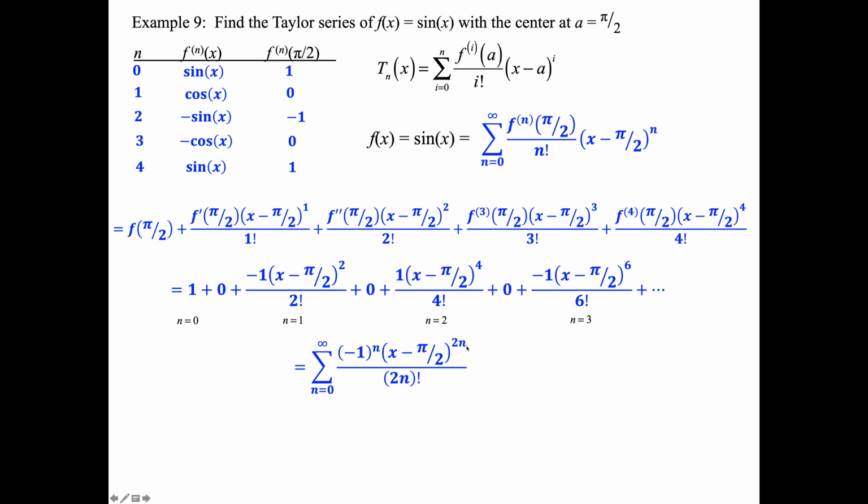Then we have 2 times n, so that gives us that even power. And then 2 factorial is 2 times 1, that gives us 2 factorial. When n is 2, 2 times 2 is 4 for the power, and 4 in the factorial, and that gives us a positive term, so that works the rest of the way.